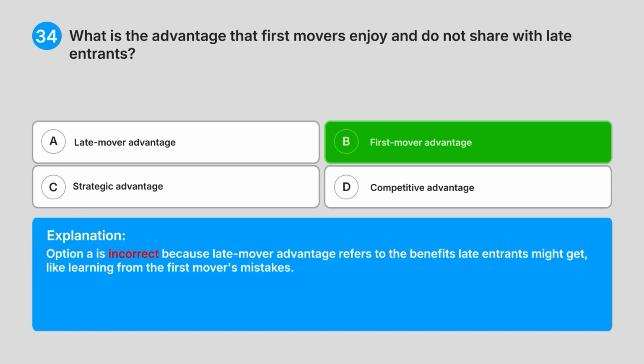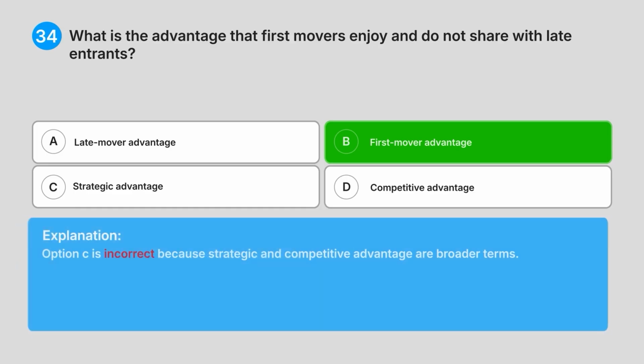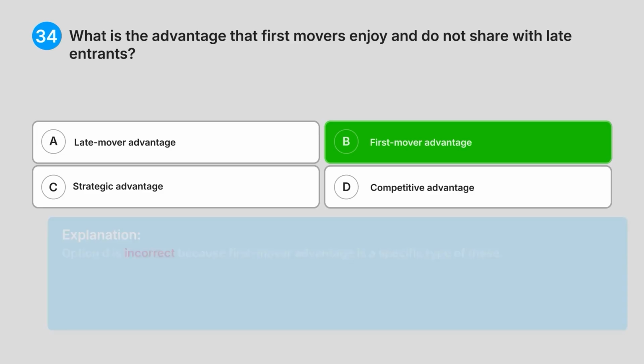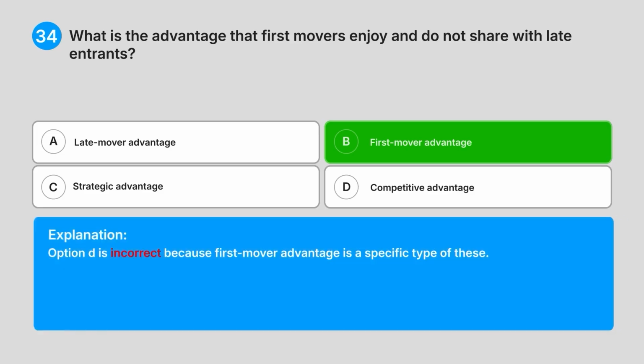Option A is incorrect because late mover advantage refers to the benefits late entrants might get, like learning from the first mover's mistakes. Option C is incorrect because strategic and competitive advantage are broader terms. Option D is incorrect because first mover advantage is a specific type of these.